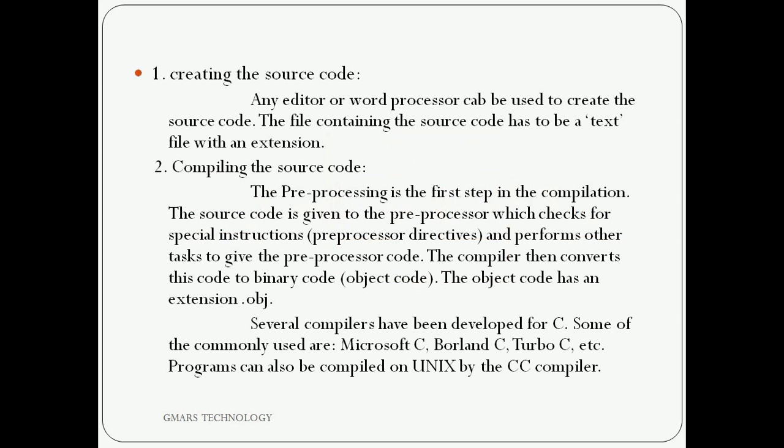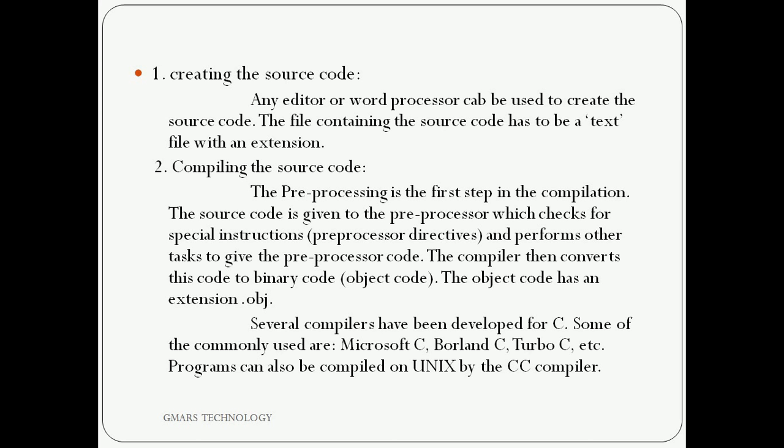First, creating the source code. Any editor or word processor can be used to create the source code. The file containing the source code has to be a text file with an extension. Compiling the source code: preprocessing is the first step in compilation. The source code is given to the preprocessor, which checks for special instructions and performs other tasks to give the preprocessed code.